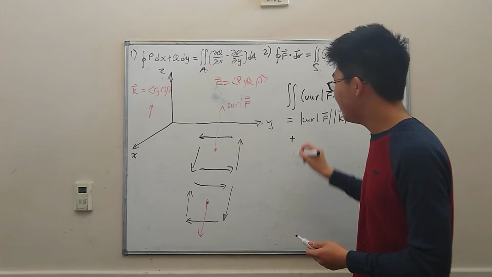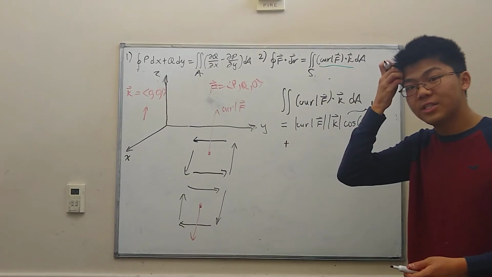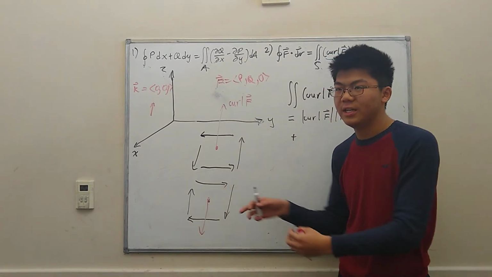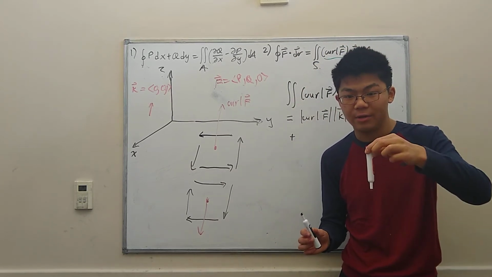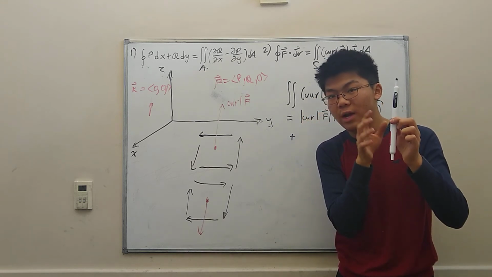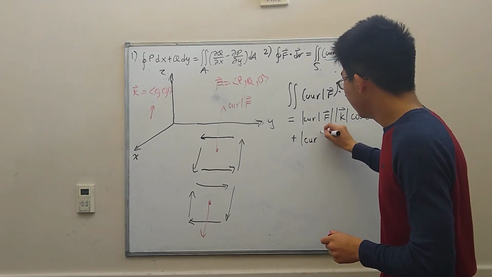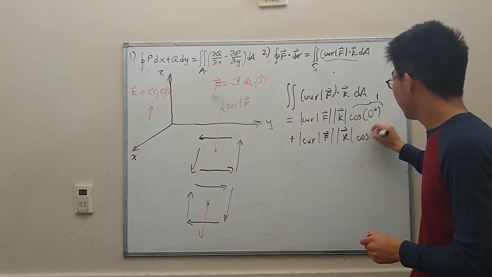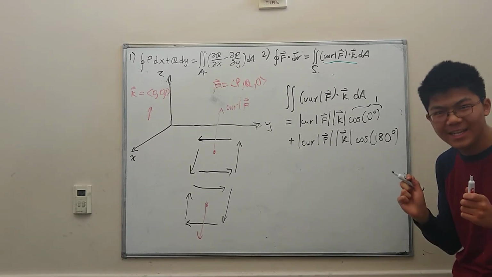Next, let's add up the expression for the second circulation. So, what does the second circulation look like? You have a rotation in the clockwise direction. So your curl vector is pointing down, but your k vector is pointing up. That means the angle between them is 180 degrees. So, through the dot product expression, you have cosine of 180 degrees.